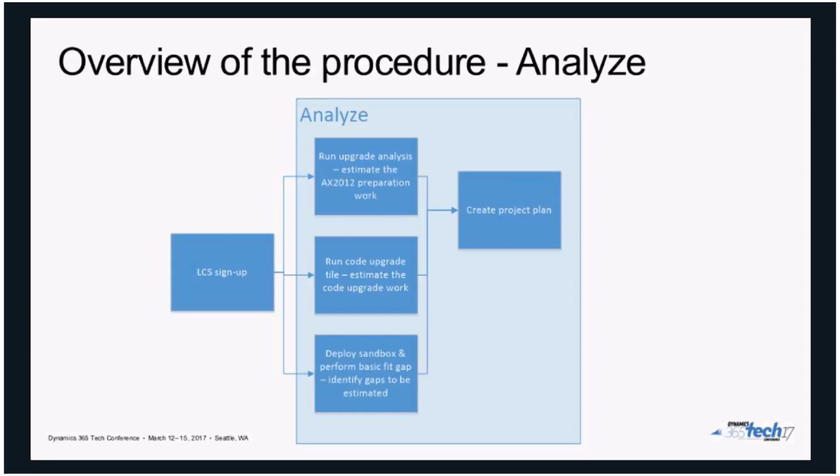Second option, if you do not check the checkbox, it's going to also do the actual code upgrade and create your new upgraded version within your version control system. Also, as part of that step, you will create your project plan that will include all the rest of the steps and have this project plan signed off by your customer.